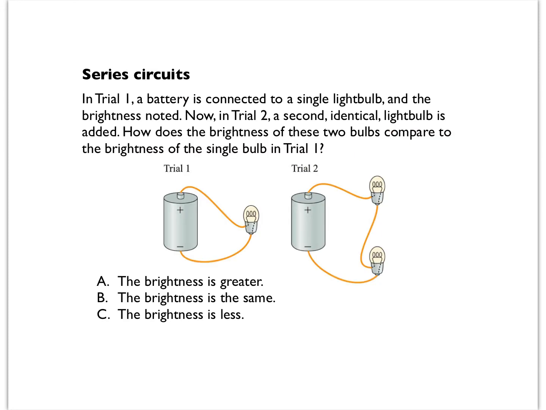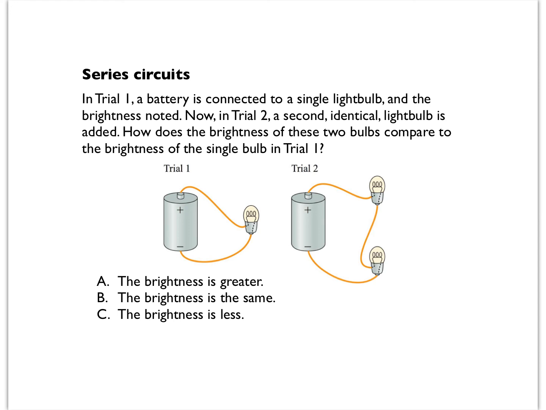Now we're going to take a look at series circuits. Suppose I have one bulb hooked up to a battery, and then in a second trial I take 2 bulbs and hook them up to the same battery. The question is, how will the brightness vary? The brightness we're going to use is basically a proxy for current. Suppose I have a 3-volt battery here. This light bulb gets the entire 3 volts. But in trial 2, I have 2 bulbs hooked in series with a 3-volt battery.